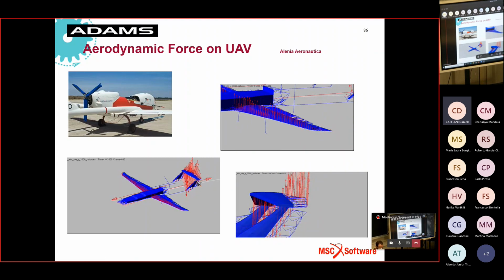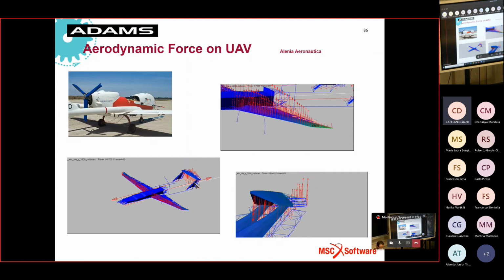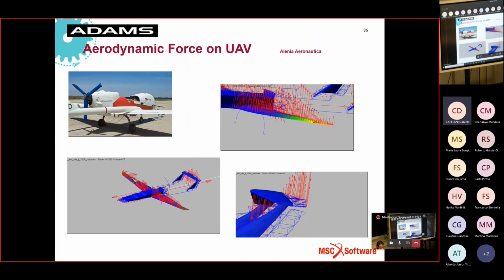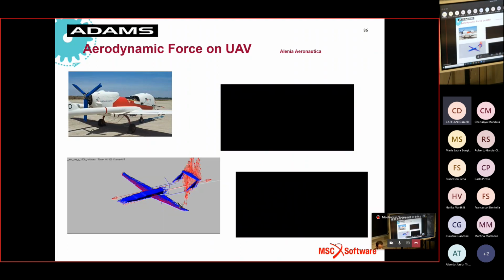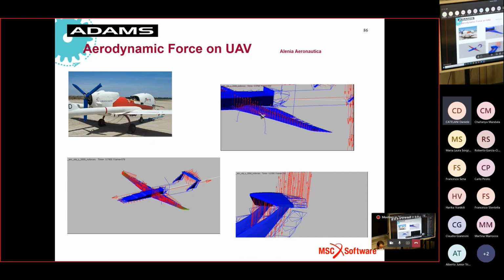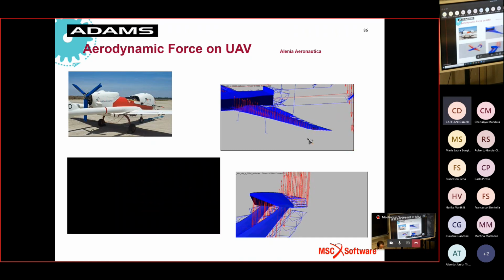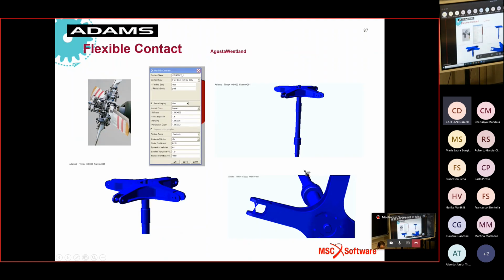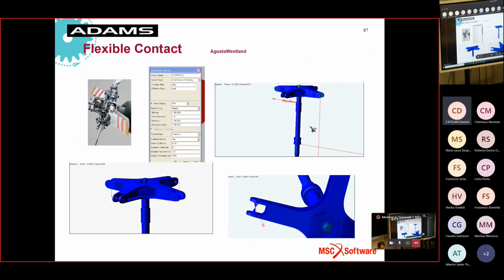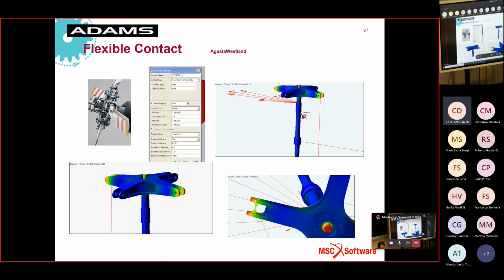So during every kind of flight, you see how the aerodynamic forces change value and distribution on a vibrating system, and it changes completely the flight of this aircraft. Or in this case, we have a tail rotor of a helicopter.